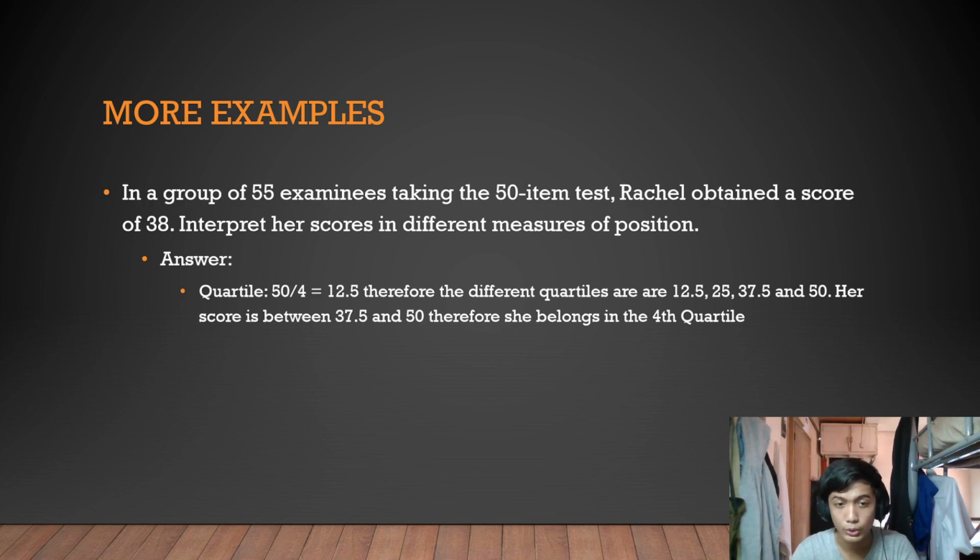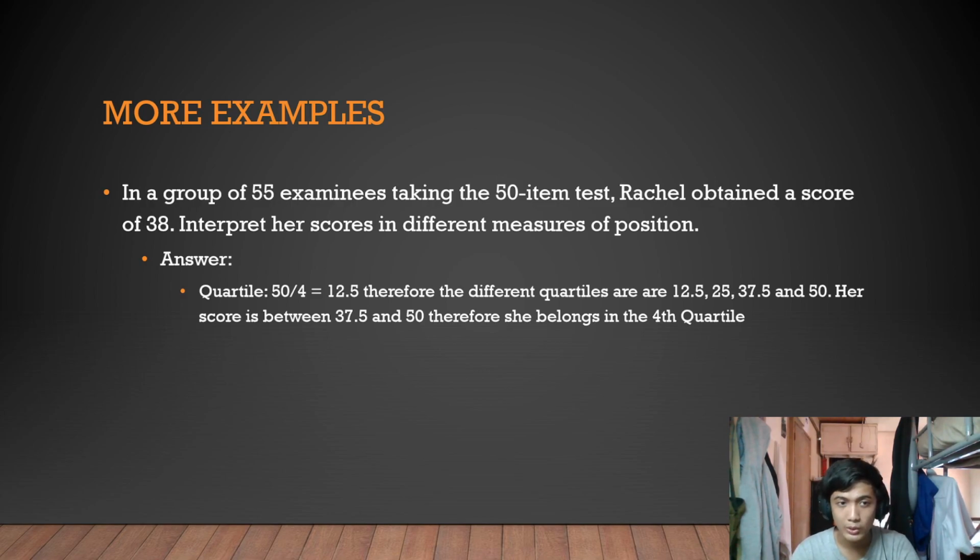So 0 to 12.5 is our first quartile. So 12.5 plus 12.5, that would be 25, and 25 would be our second quartile. Now add another 12.5 to that. That would be 37.5, and that would be our breakpoint for the third quartile. And lastly is 50, which is our fourth quartile.